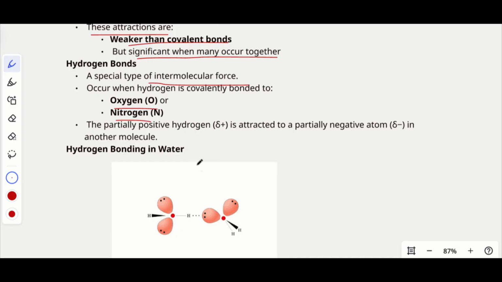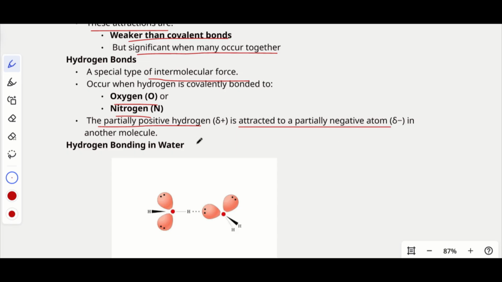In such bonds, atoms become partially charged due to polarity. The partially positive hydrogen is attracted to a partially negative atom in another molecule. It forms a hydrogen bond.